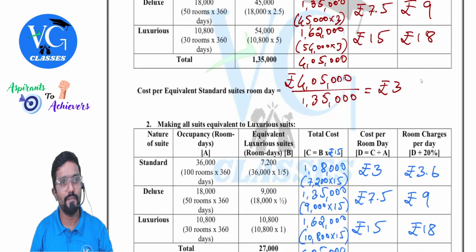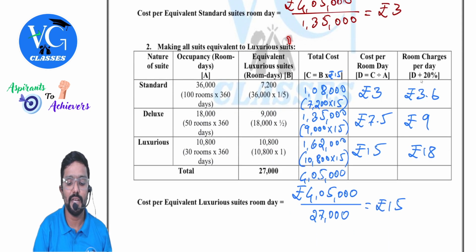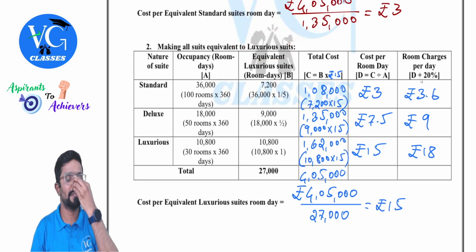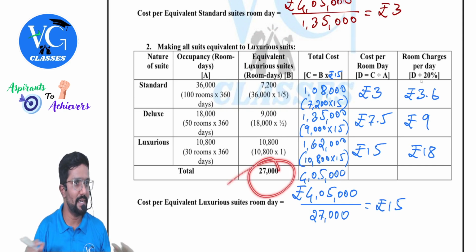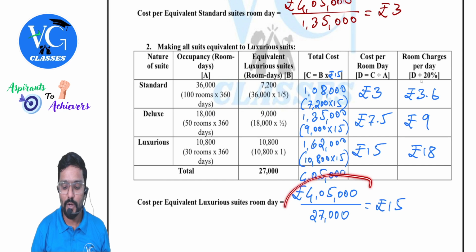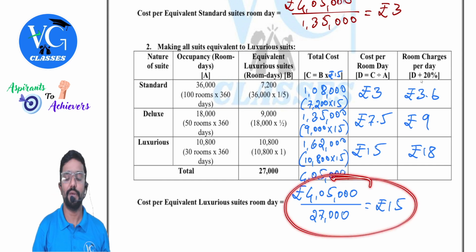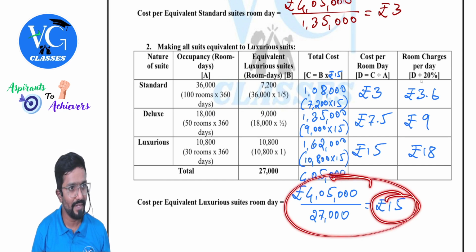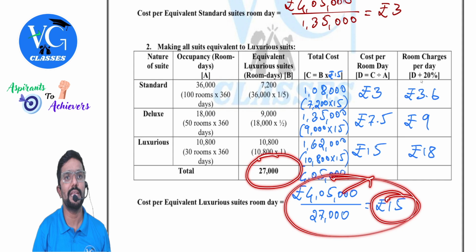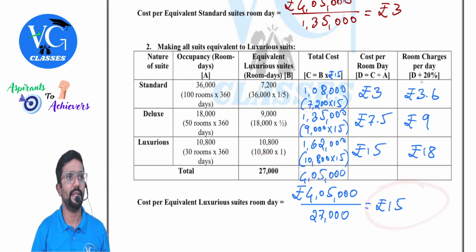Okay. Same way, sir, what if I am taking luxurious rooms as a base? Till here we already learned. Now, sir, what is the cost per luxurious room day? That is 4,05,000 divided by equivalent luxurious room days 27,000. How much do we get? 15.